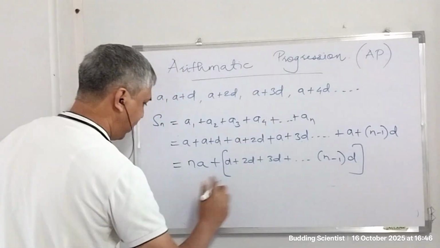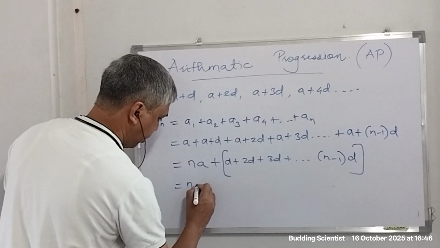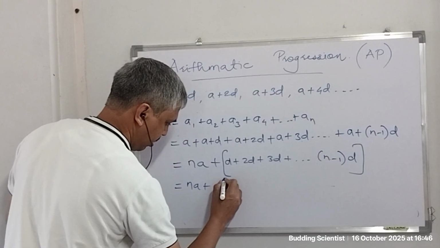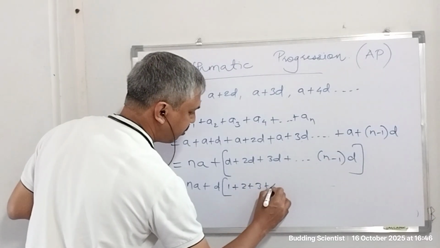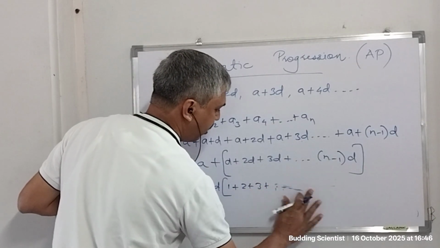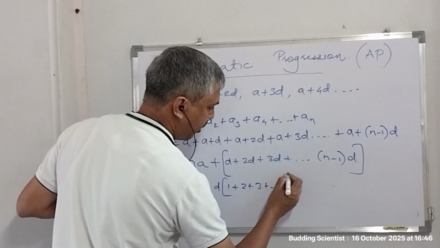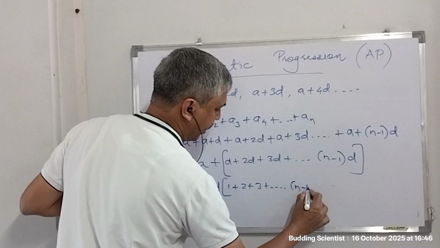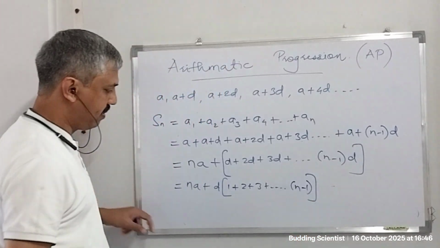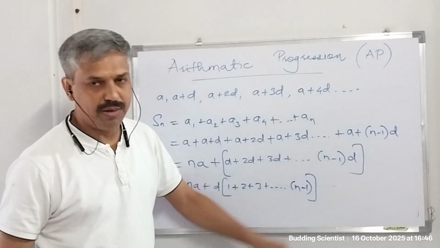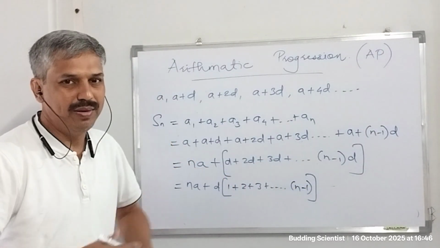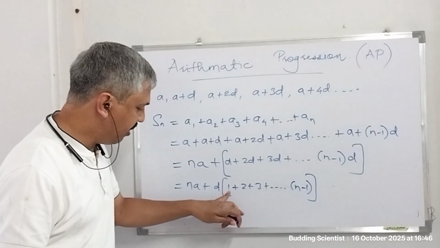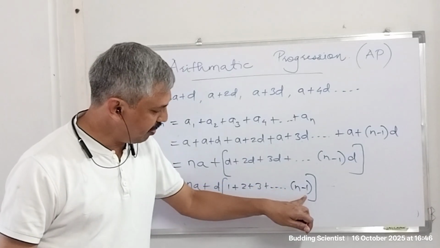So we'll take d common here. 1 plus 2 plus 3 plus 4 plus up to, not 4 here, okay, dot dot dot n minus 1. 1 plus 2 plus 3 up to n minus 1. 4, 5 can be included if the value of n is appropriate. Whichever way, 1, 2, 3, 4, 5, whatever, up to n minus 1.